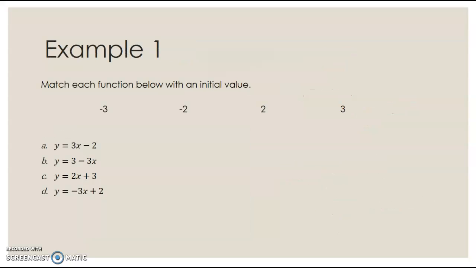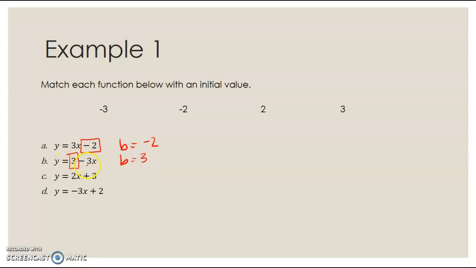All right, so example 1, match each function below with its initial value. So I'm going to just start with a. My initial value is the y-intercept. So here, my b value, that's what we're going to call it, is going to be a -2. And when I look at b, my initial value is 3.